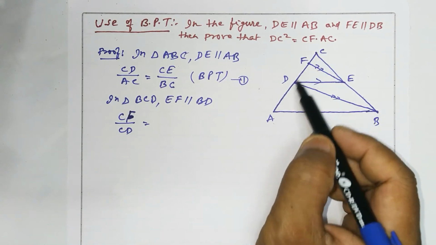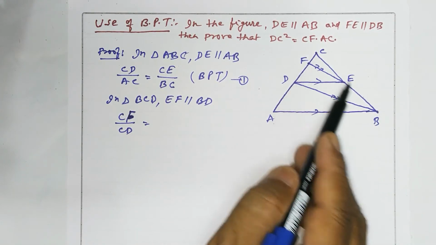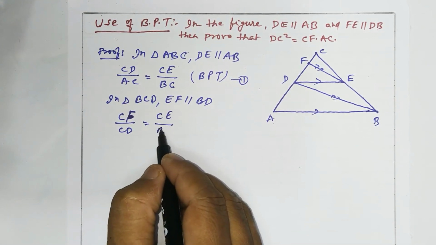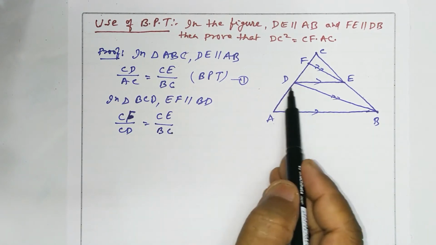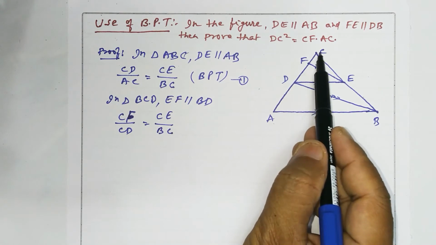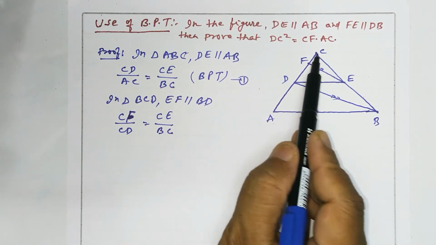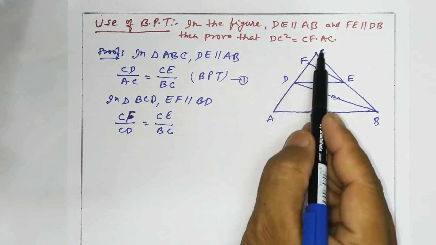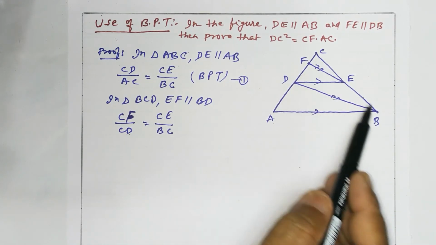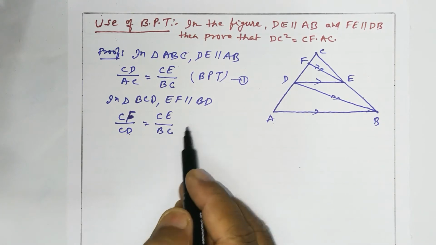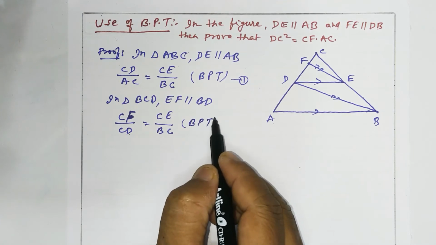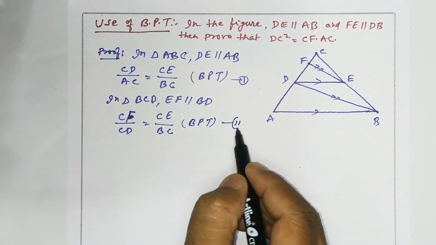In this triangle, this is parallel to this side, so CF by CD equal to CE by CB. Again we are using the property of BPT. This is equation number 2.